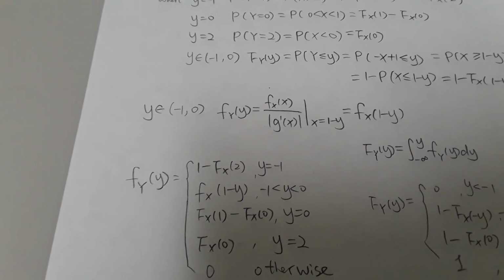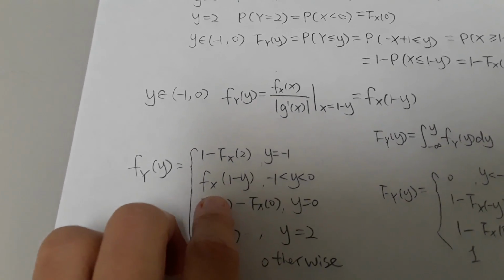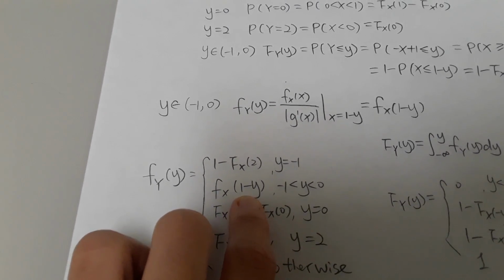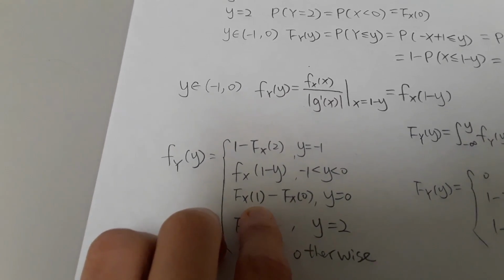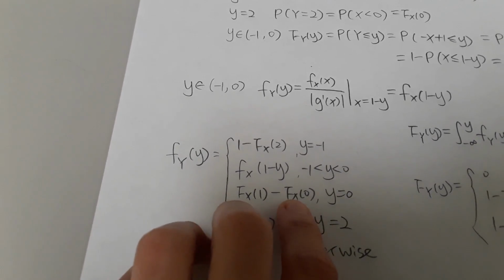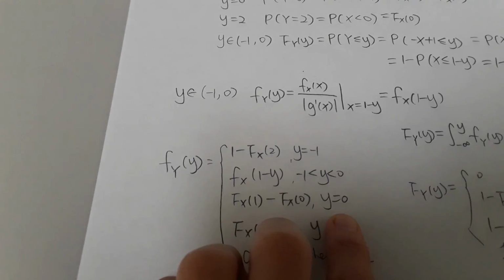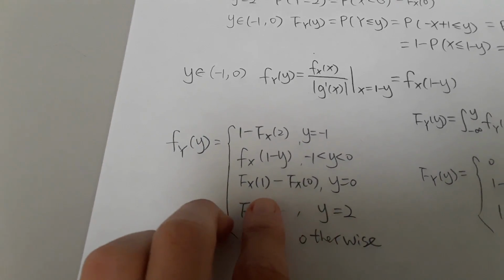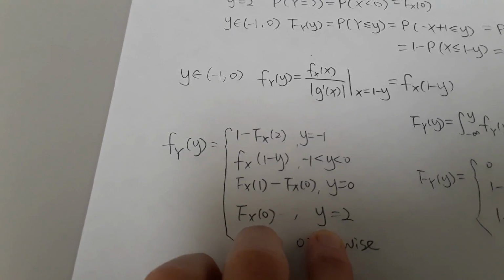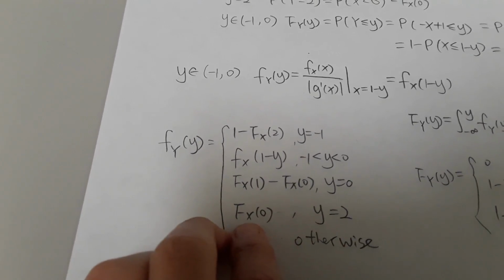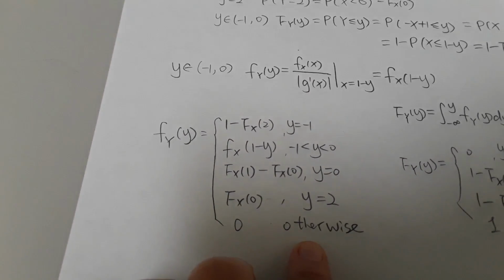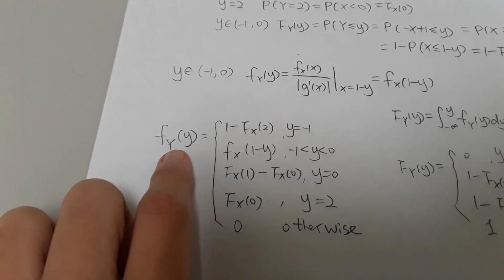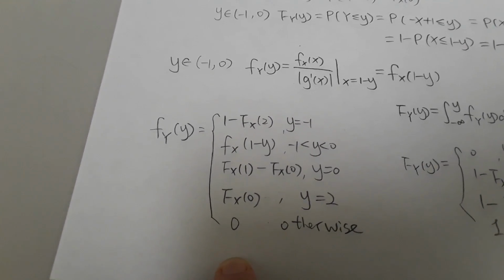The density function f_Y(y) equals F_X(1) minus F_X(0) when y equals 0. And when y equals 2, the density function f_Y(y) should equal F_X(0). Otherwise, the density function of f_Y(y) should be 0.